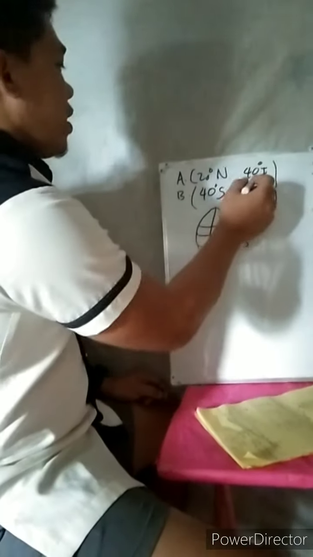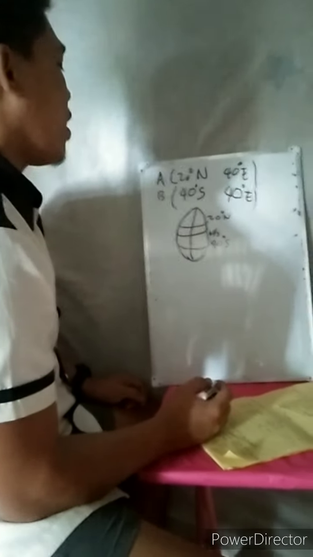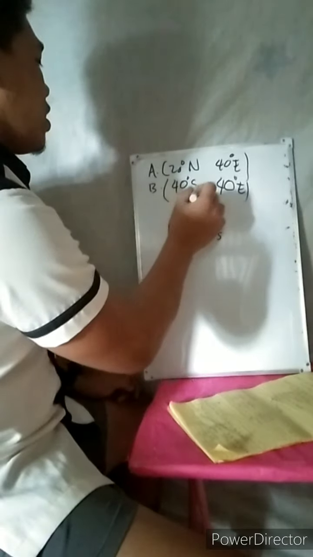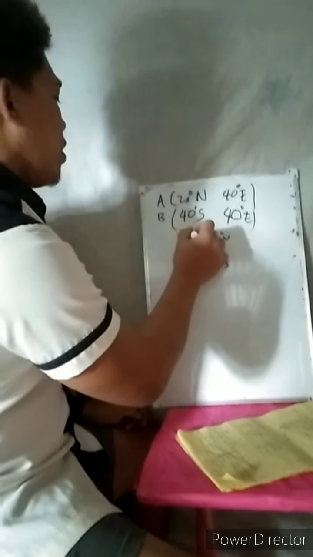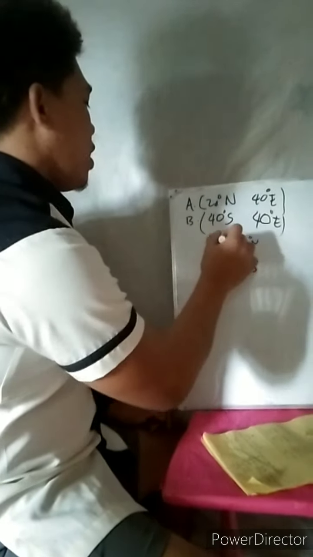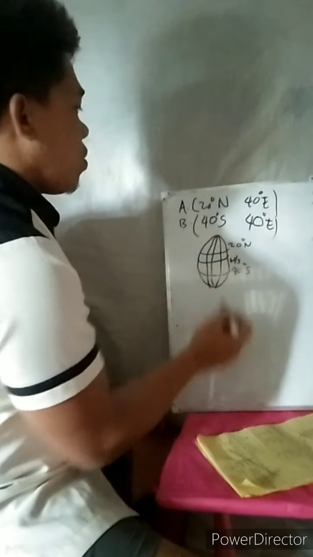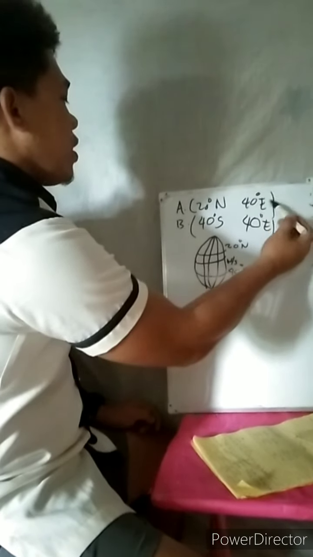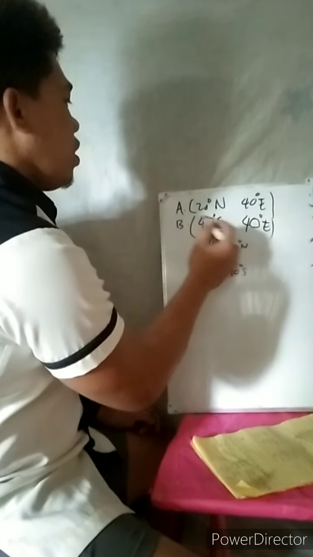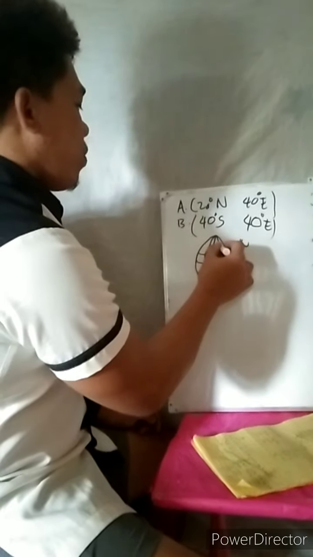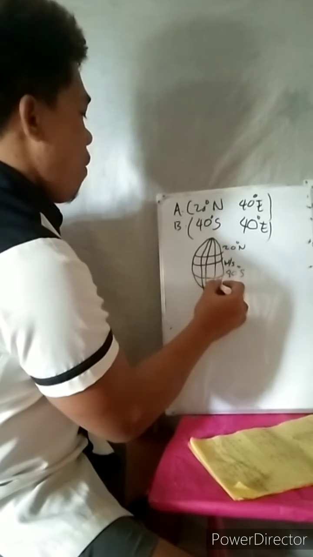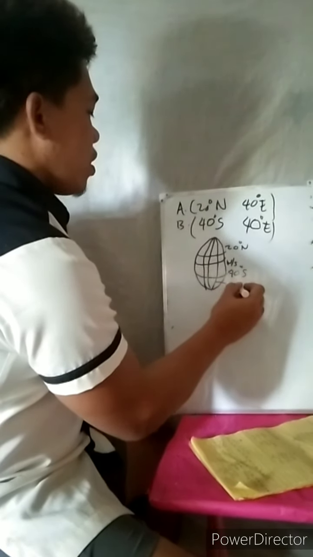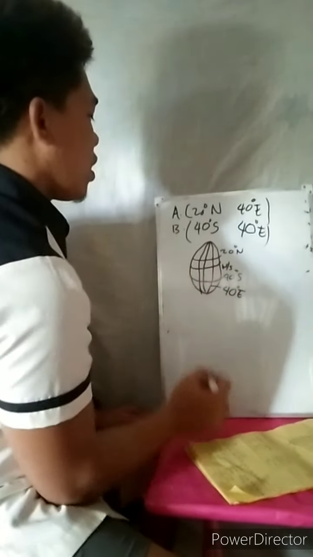And then ang ilang nga line nga nag-intersect, makita na siya sa ang longitude nga line from west, and then this is our east. So ang ato nga direction kay 40 east, 40 degree east sa aton nga point nga B. So 40 degree east ang direction.